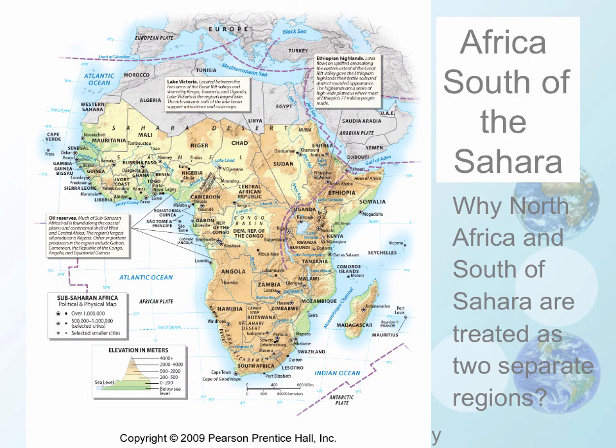Okay, so why are we talking about North Africa and Sub-Saharan Africa separately? You'll remember that we talked about North Africa along with the Middle East a couple of weeks ago. There are a few reasons that this makes sense, and then there are also some counter-arguments, so I'll go over those now. Here's a great figure from the book, which is showing a lot of the geographic features of Sub-Saharan Africa.